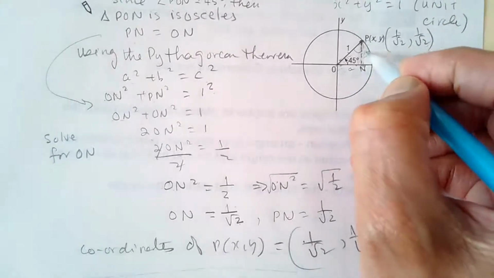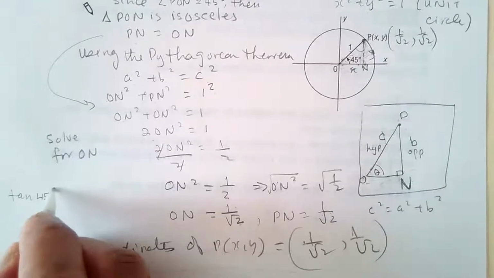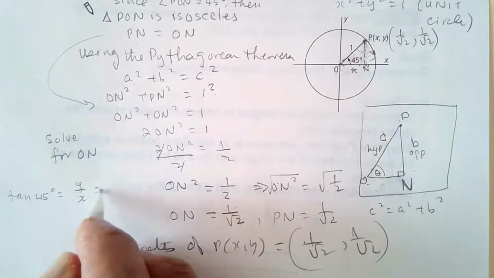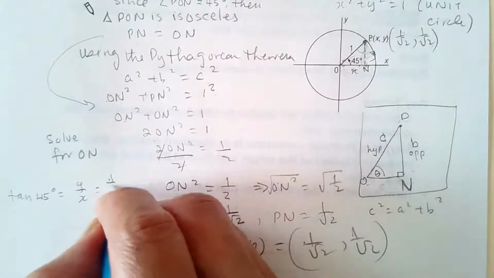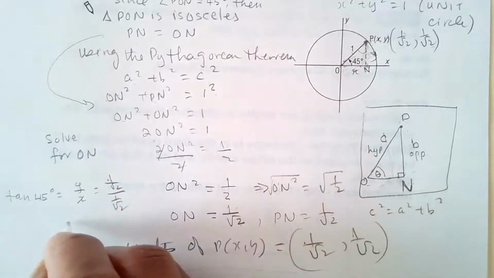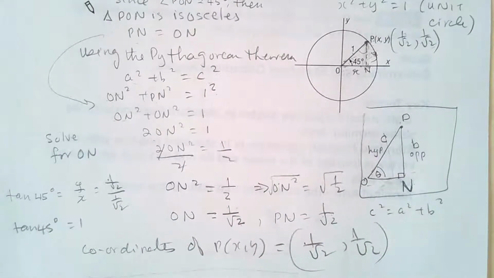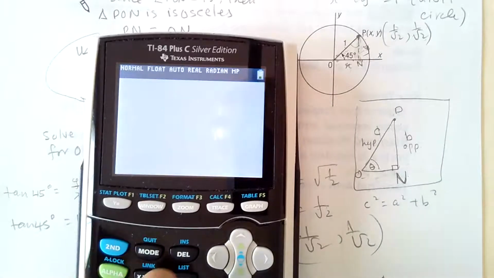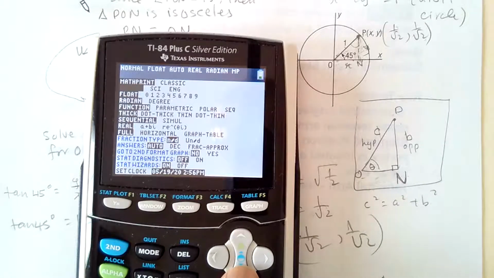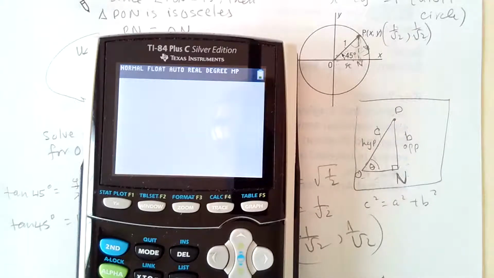So tan 45 degrees is 1 over root 2 over 1 over root 2, which is equal to 1. And if you try that in your calculator, in degree mode, tan of 45 degrees is equal to 1.